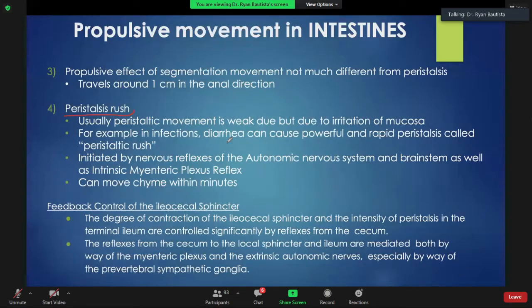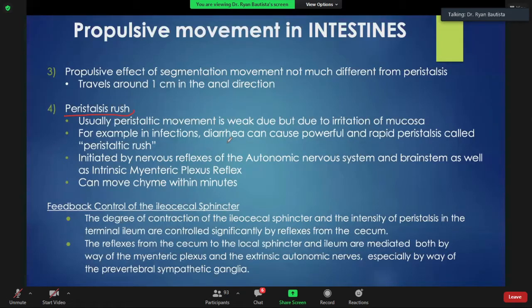What's the most common irritant of the mucosa of your GI tract? Acid, yeah, probably acid. One is acid, but that's weak. What's more?